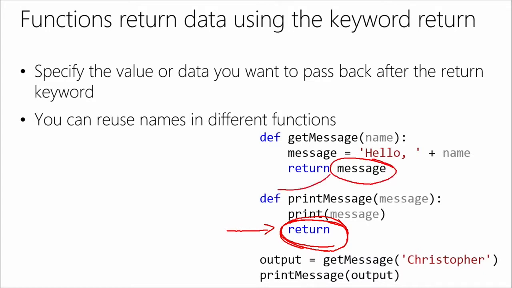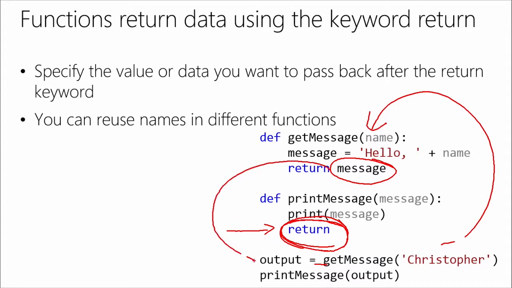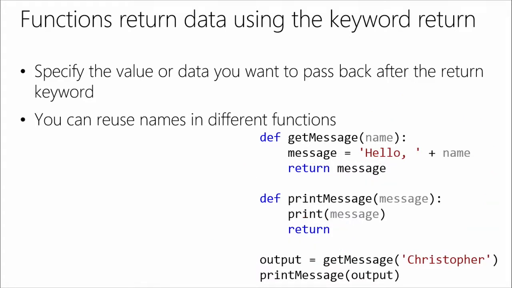That will send it back out to whoever called it. So if we break things down, you'll notice down here I've got my little get message. I'm going to pass in Christopher. It's going to do its work, and then message, sound effects and all, is going to go right down to there. Nice. So that is what's going to happen with our return value.